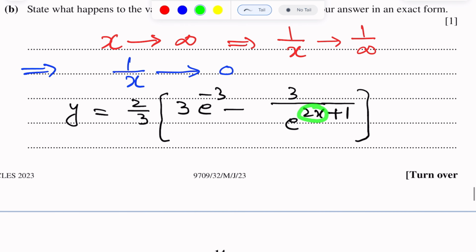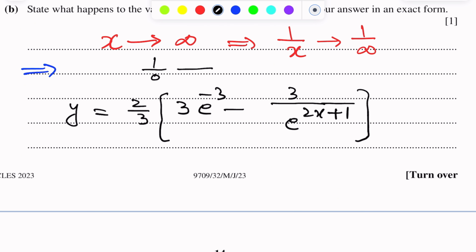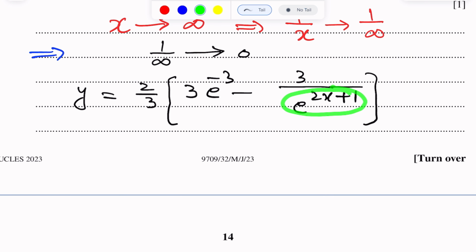When we put infinity, this becomes 3 over infinity, which is equal to 0. So this term will be 0.